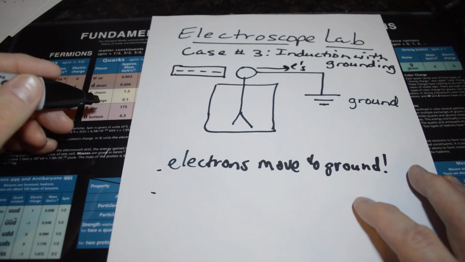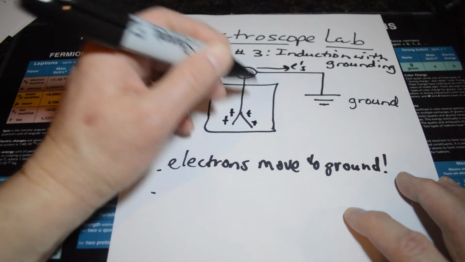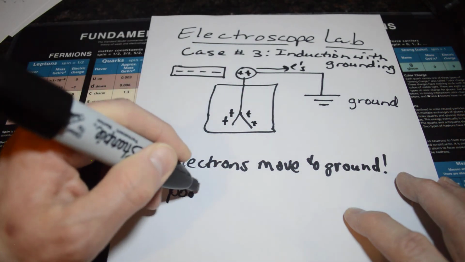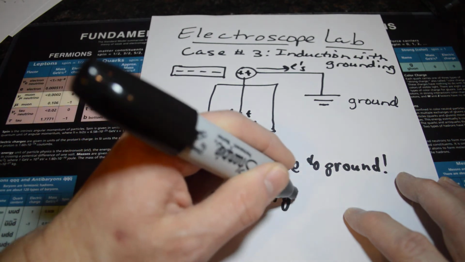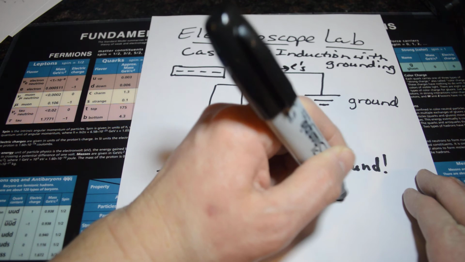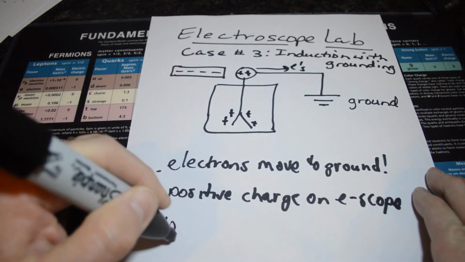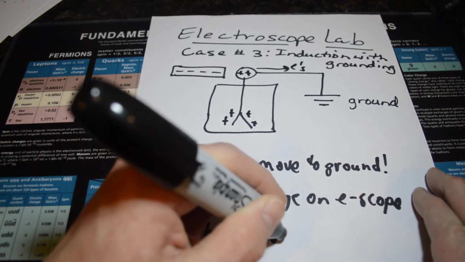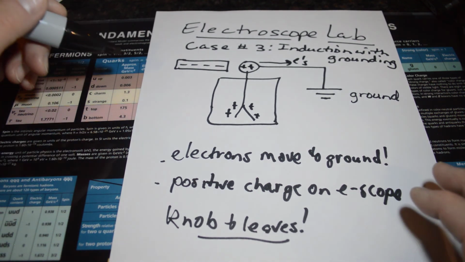If that's the case, then what happens on the electroscope is it leaves the electroscope with more positive charge throughout. So positive charge is left on the electroscope. That includes the knob and the leaves. That is true in grounding.